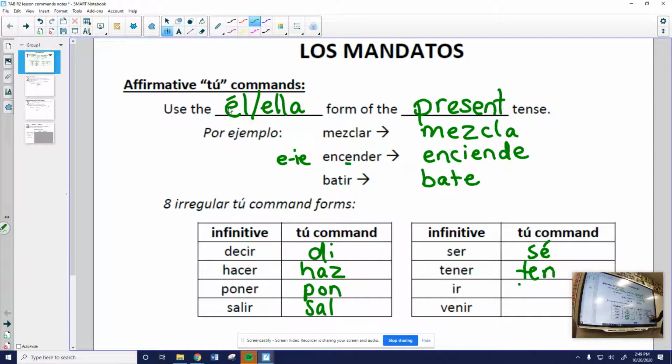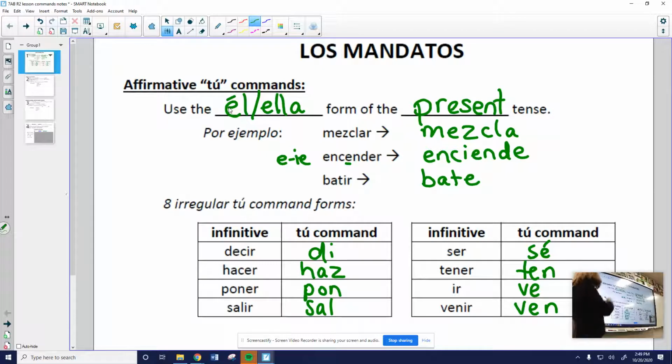Ten. Ven. Di, haz, ve, pon, sal, sé, ten, ven. Does this kind of sound familiar? Okay, I see some nodding. This is good. So this is review. Now we'll do new stuff.